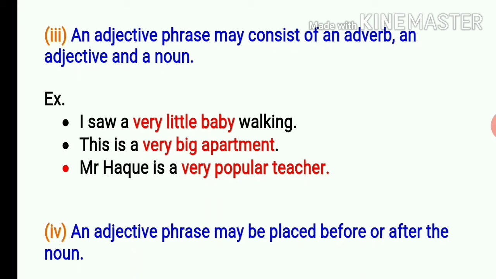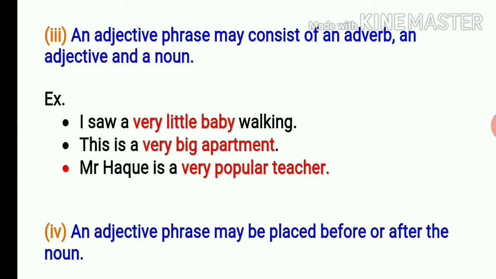In this sentence, very little baby is an adjective phrase because in this phrase, very is an adverb, little is an adjective, and baby is a noun. And they have been placed in the phrase very orderly.